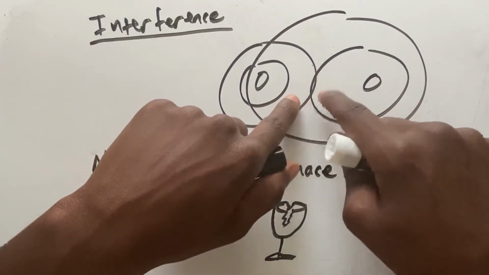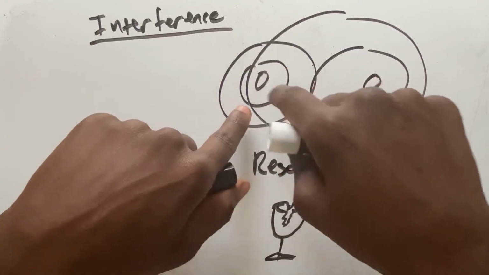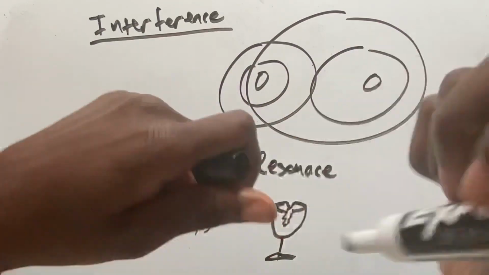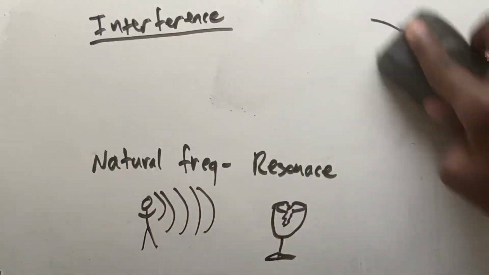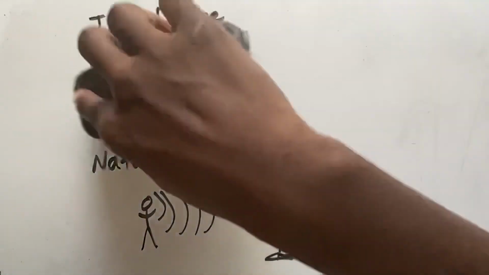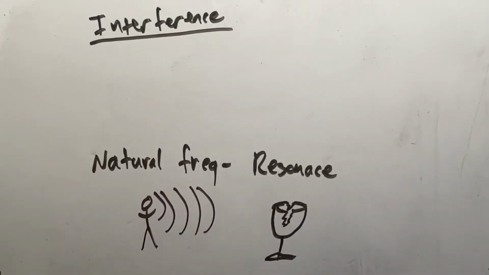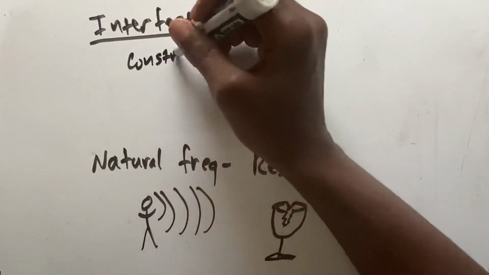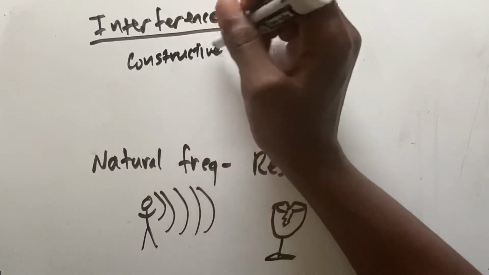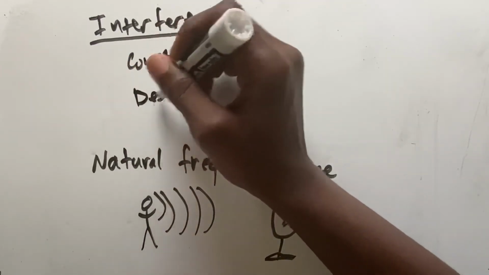See how they overlap here, how they overlap there. And waves interfere in one of two ways. They can either interfere constructively or destructively.